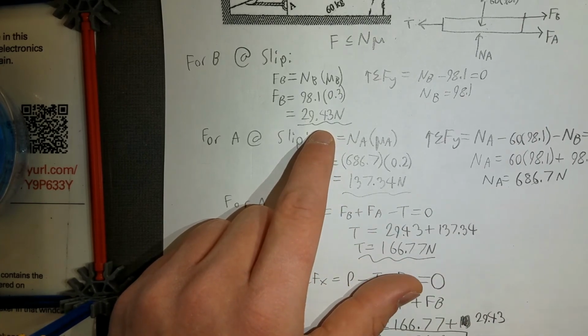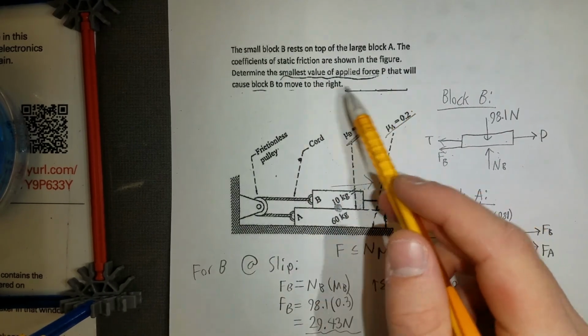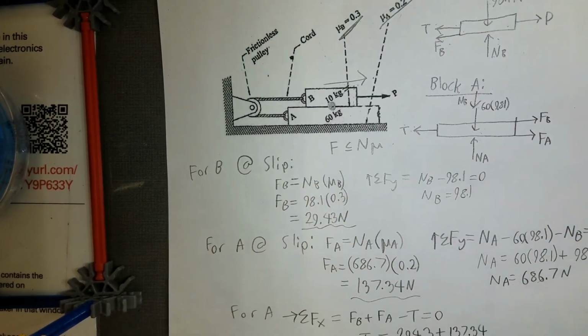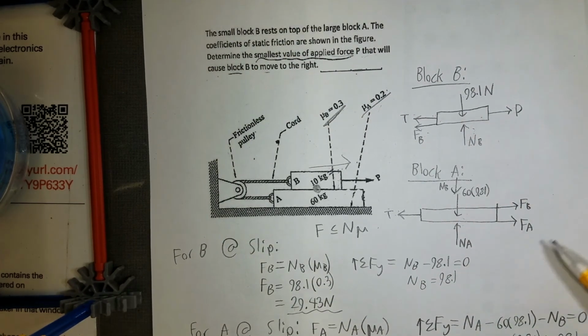And that is what we need to know for that problem, because it was asking for the smallest value of P that will cause it to move to the right. Ultimately, in this case, because it can't tip or anything, that's the only value of P that we need to look for.